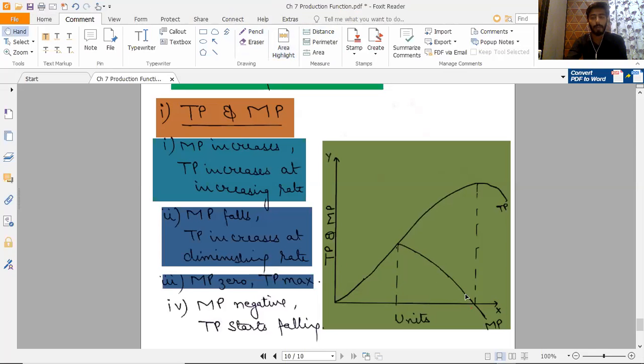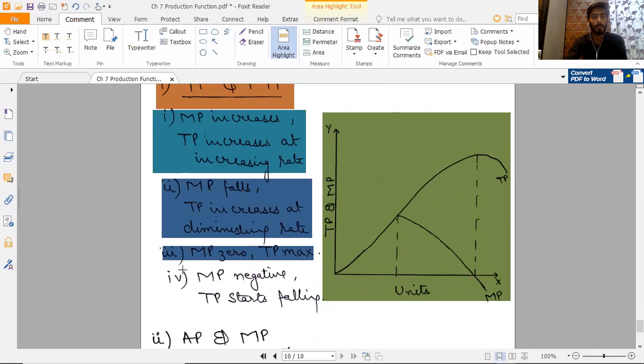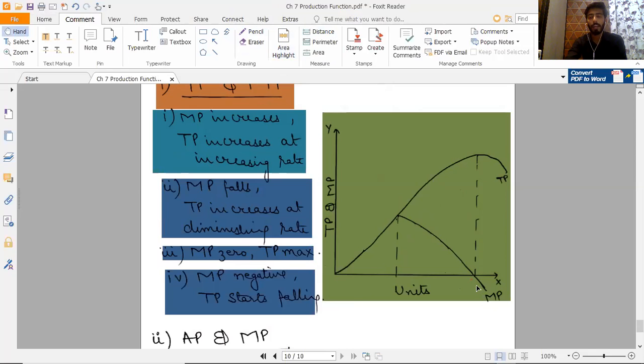At this point, MP becomes zero, so TP is maximum. And at the end, MP becomes negative and TP starts falling. These are exactly the same things which we discussed during the law of variable proportion. This is the same graph. So the relationship between TP and MP is derived from there.